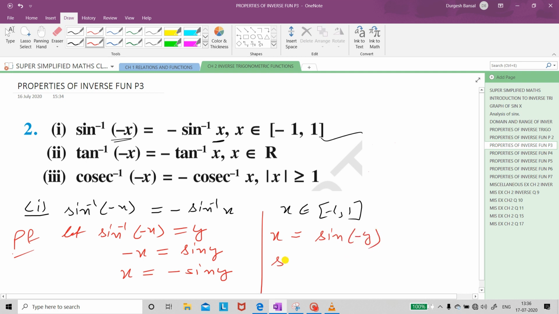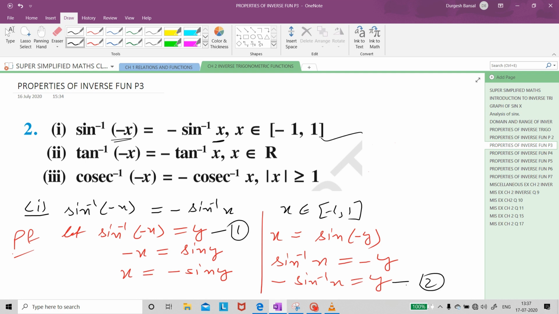So we can write sine inverse of x to be equal to minus y. So minus of sine inverse x is equal to y. Now equation 1 gives you the value of sine inverse of minus x. Equation 2 gives you the value of minus sine inverse x, and they both are true, and hence we prove the first property. And likewise children, you can prove the other two properties also.